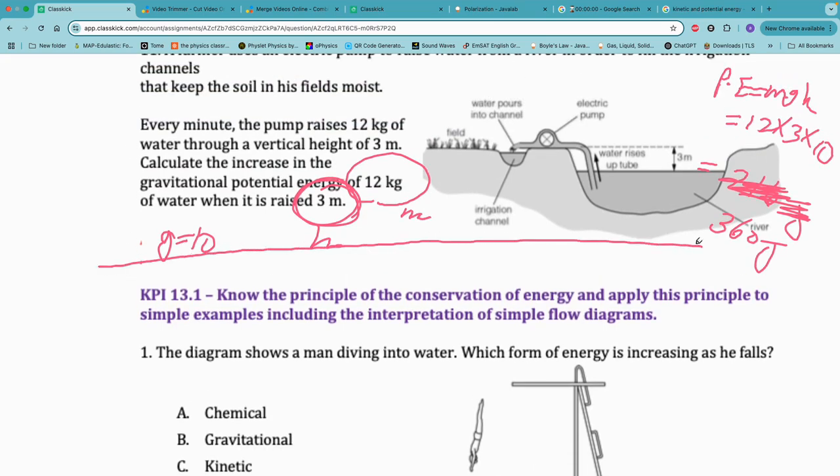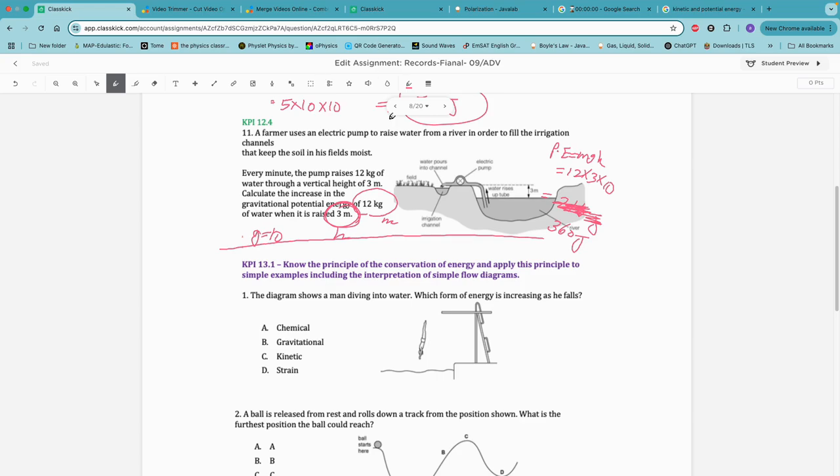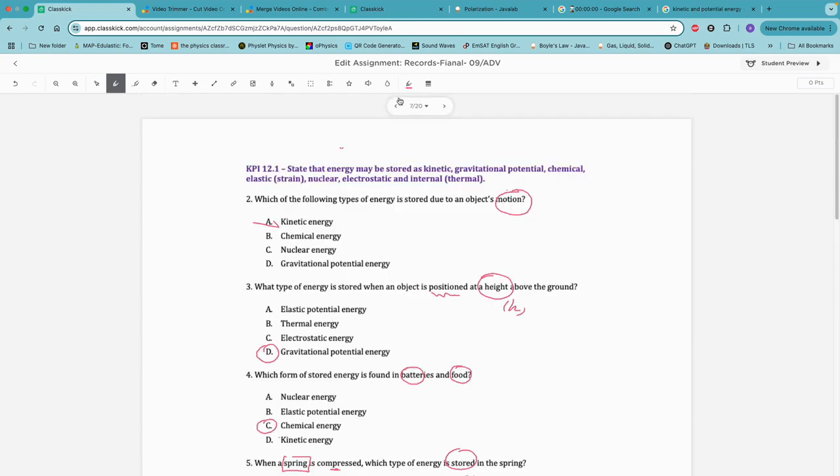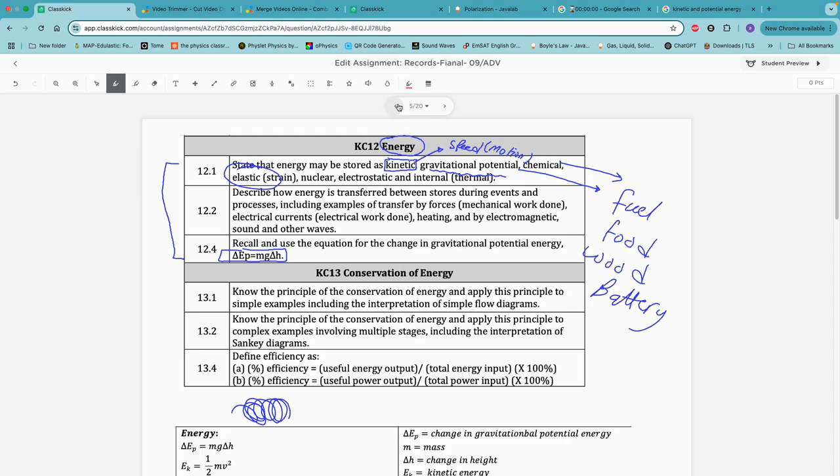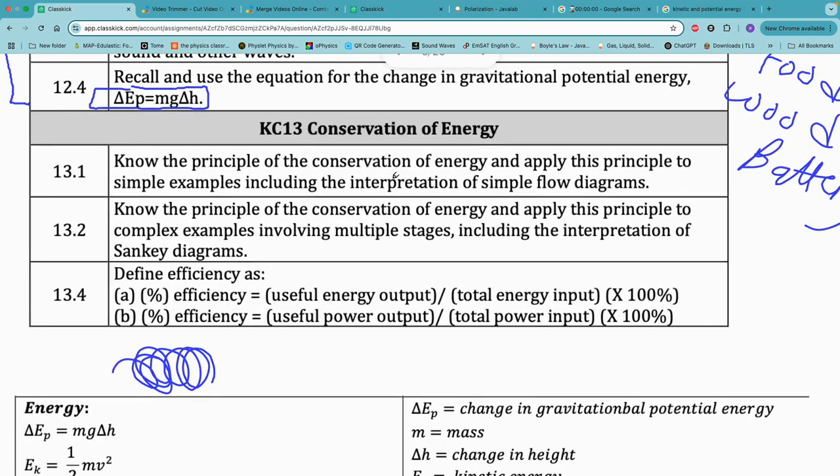Starting with topic 13, going back to the KPIs, this topic talks about conservation of energy. We know that energy is conserved, which means it's neither created nor destroyed, just changes from one form to another form. So you need to understand the principle of conservation of energy and apply it in different situations.